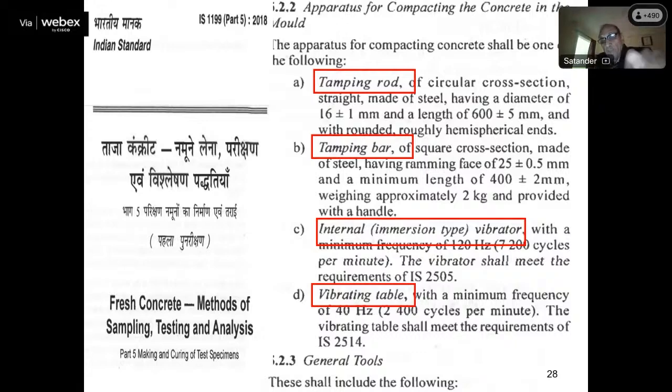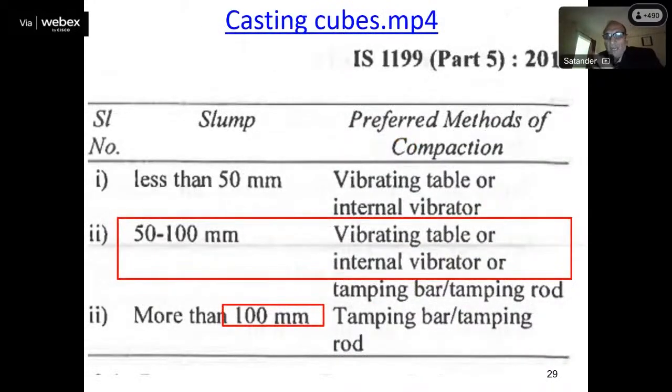Now, what is to be used where? Not only in cube casting, at site also. Suppose part 11, what does it say? Less than 15, vibrating table or needle vibrator. You cannot use a tamping bar or tamping rod if the slump is less than 50, like for concrete road. If you are casting cubes, you should check with it. If it is more than 100, then only tamping rod.